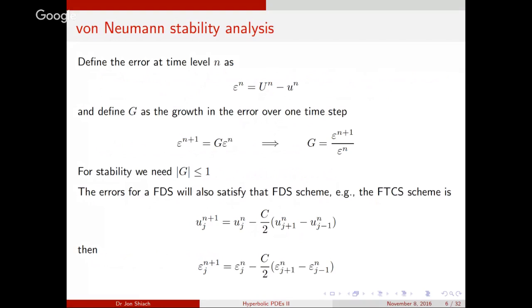Okay, so stability analysis. You may have done this if you do ODEs as well. We're going to define an error, and I've called it epsilon. This error is between the exact solution, big U, and your computed solution, little u. That's an error. And we're going to define G as a growth in error over 1 time step.